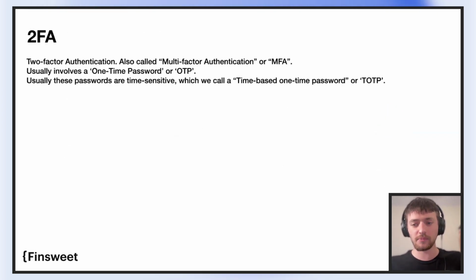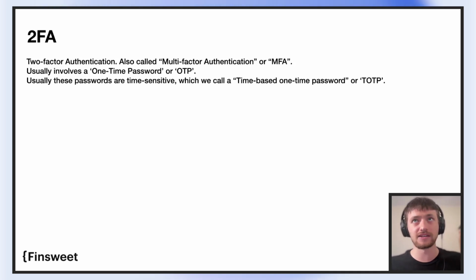So, a brief bit more on two-factor authentication, just to cover it, also called multi-factor or MFA. If you see 2FA or MFA, they're essentially the same thing. It usually involves a one-time password, which is often abbreviated as an OTP, or it can be called, a bit of a mouthful, a time-based one-time password, a TOTP, where the code changes, where it's time-based.